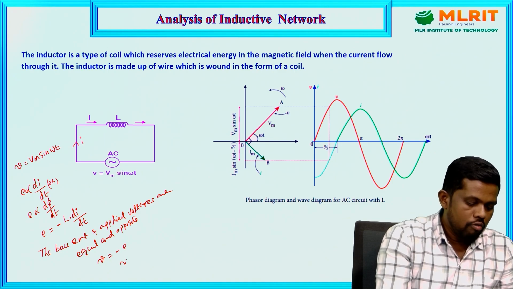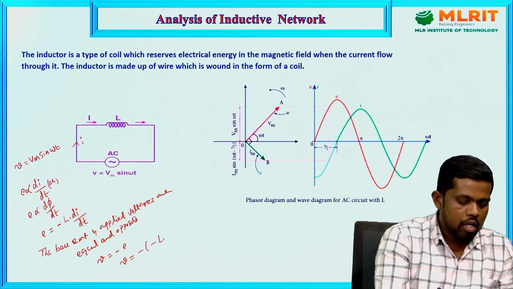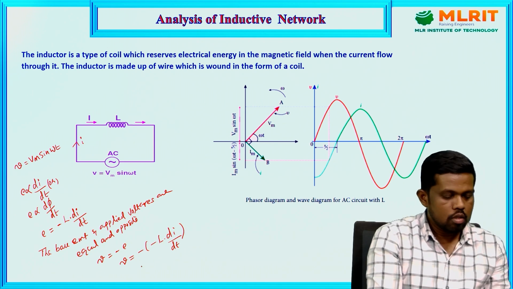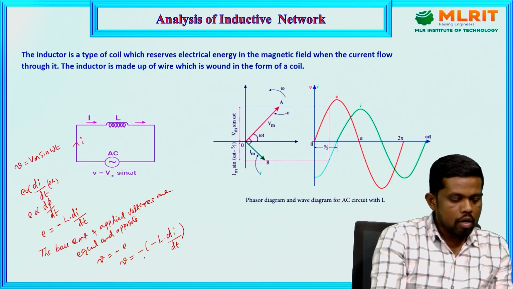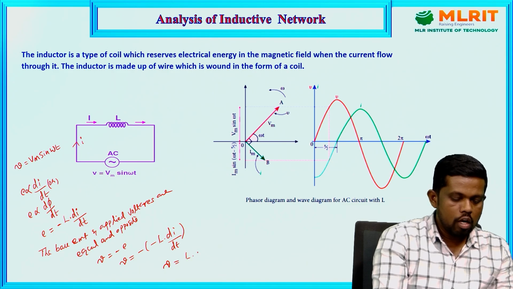Then v equal to, substituting the value of e, minus of minus L into di by dt. So this is the applied voltage, and after some simplification, we get v equal to L into di by dt.